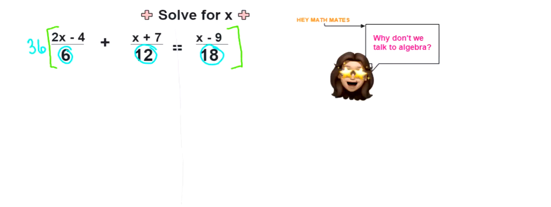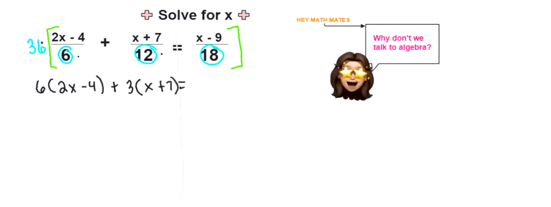So watch this. We're going to take 36 divided by 6, which is 6. And we're going to multiply the top by that. Plus 36 divided by 12 is 3. We're going to times the top by that.